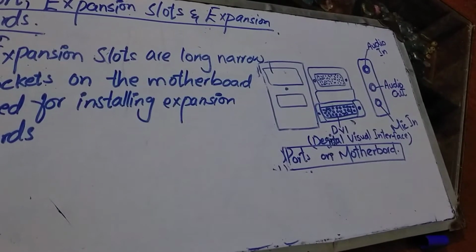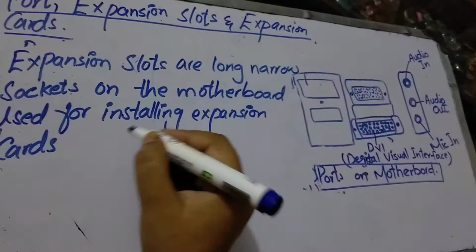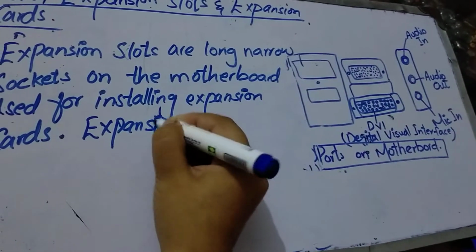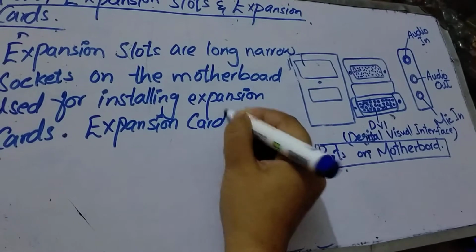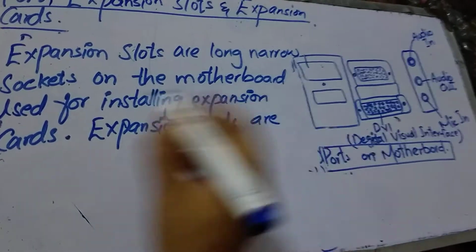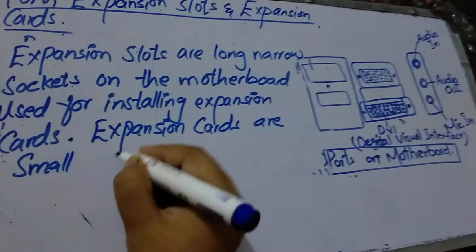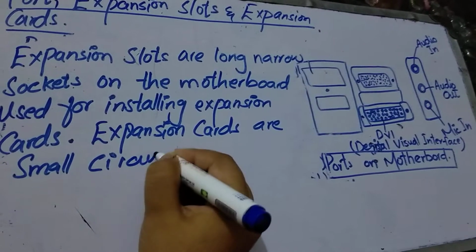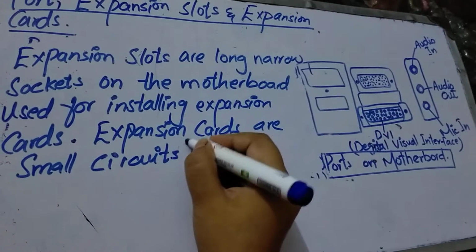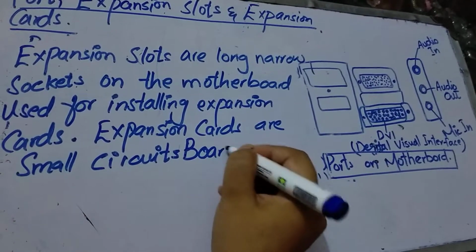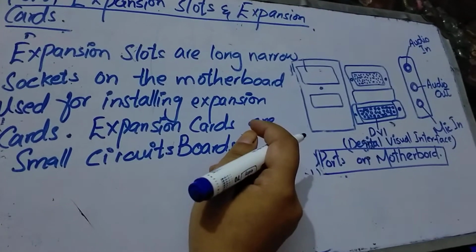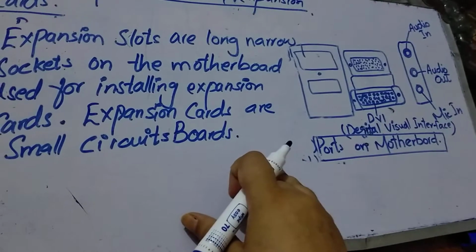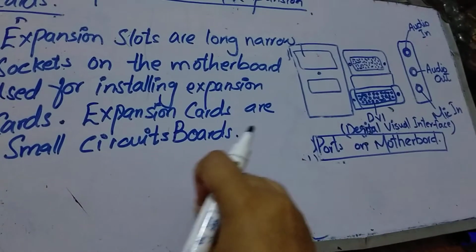Expansion cards are small circuit boards. Now what are expansion cards? Expansion cards are small circuit boards. Clear? And commonly used expansion cards are sound cards, graphic cards, modem and network cards.